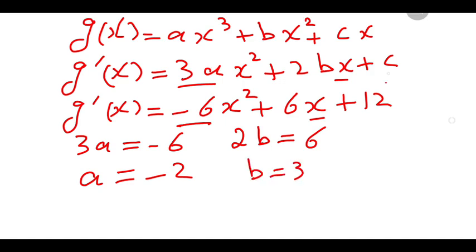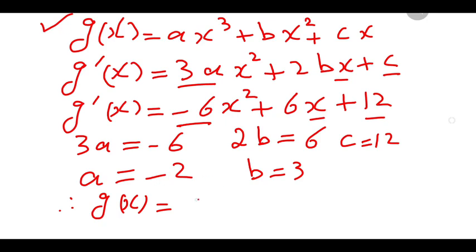Now c is the constant, and the constant we have is 12 here, so c is going to be equal to 12. Now I can put back the g of x. I substitute a, b, c back into the original equation.